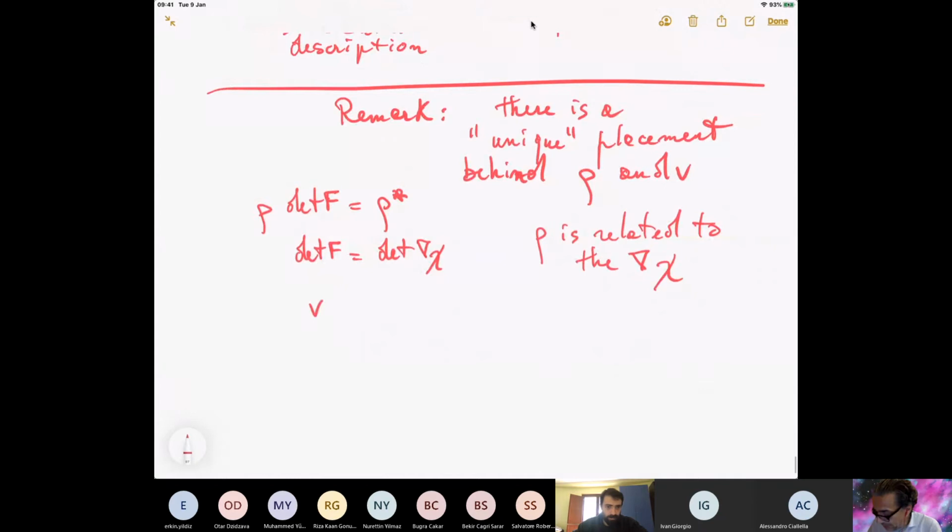The velocity V of capital X and t is equal to the derivative of kappa over t, with capital X blocked.